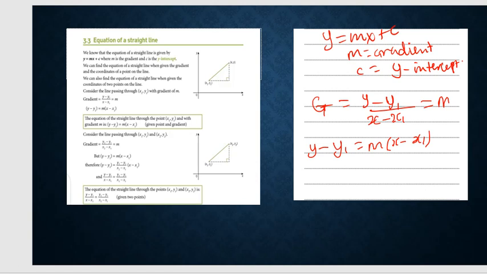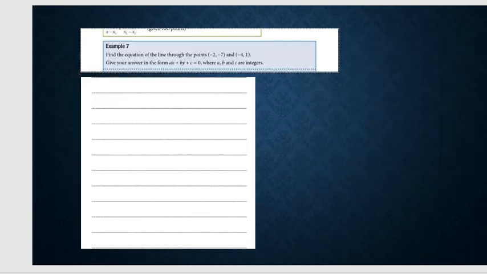So let's quickly look at an example. Find the equation of the line through the points -2, -7 and -4, 1. Give your answer in the form ax plus by plus c equals 0.